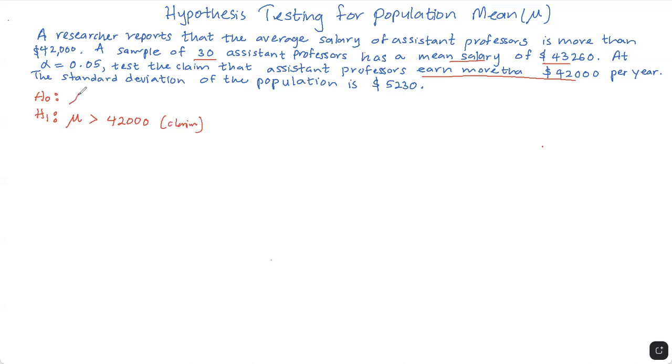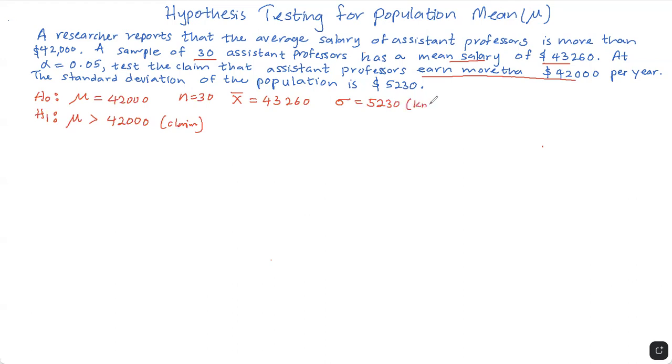And then the null hypothesis is equal: mu equals 42,000. And now let's identify all the information here. The sample size n equals 30 and the sample mean x bar equals $43,260. And then the standard deviation of the population, which is the sigma value, is given, 5,230.